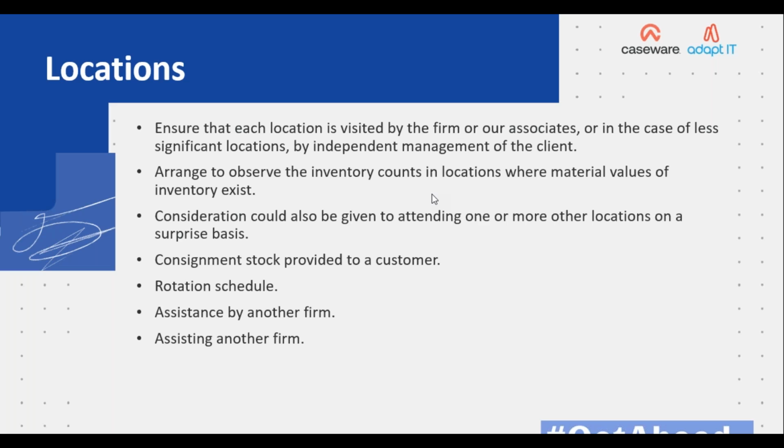Second point, arrange to observe the inventory counts in locations where material values of inventory exist. Again, we're referring back to the relevant ISA 501, the material aspect of the inventory. Consideration, I've already mentioned that, could also be given to attending one or more other locations on a surprise basis. And that's very, very important.